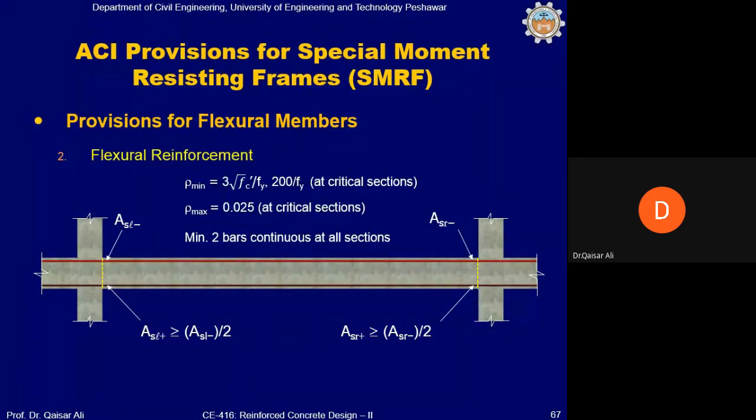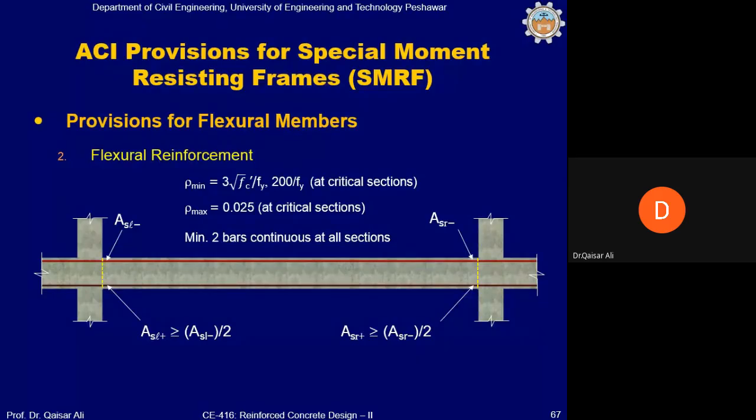Okay, the procedure for this is that when the analysis is completed and the bending moments, both from gravity load and lateral load, are added together, an area of steel is then calculated for the combined bending moment. After that, the area of steel on the negative side will be placed as it comes from the analysis, but on the positive side, if the area of steel calculated from the analysis is less than 50% of the area of steel being placed on the negative side, then it must be increased to 50% of the negative reinforcement.